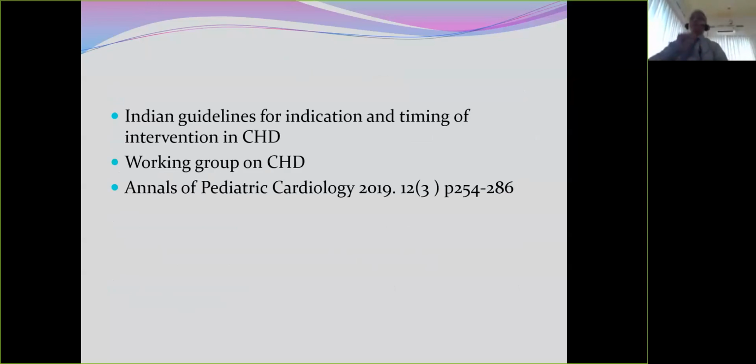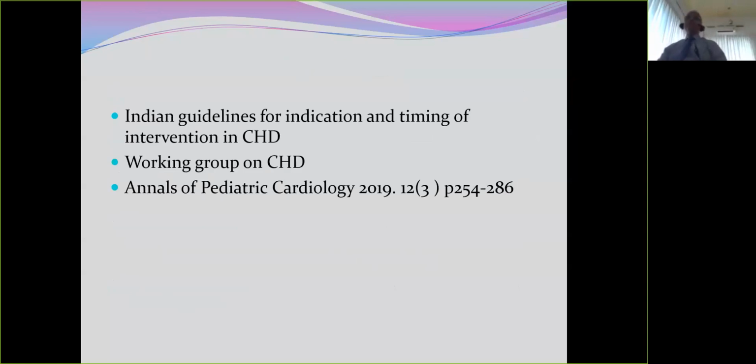I should invite your attention to this paper which is recently published. We have an Indian working group on congenital heart disease, which is guided from the All India Institute of Medical Sciences. So we have recently come out with the Indian guidelines for indication and timing of intervention in congenital heart disease. I would like all of you to be familiar with this.